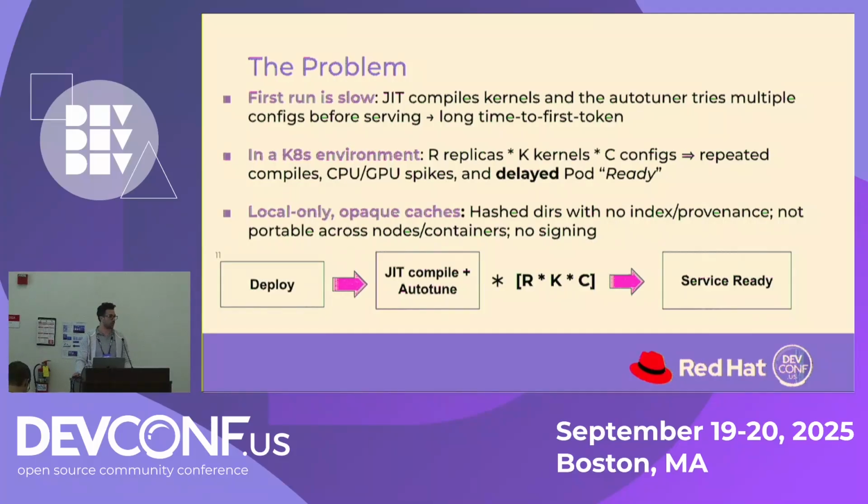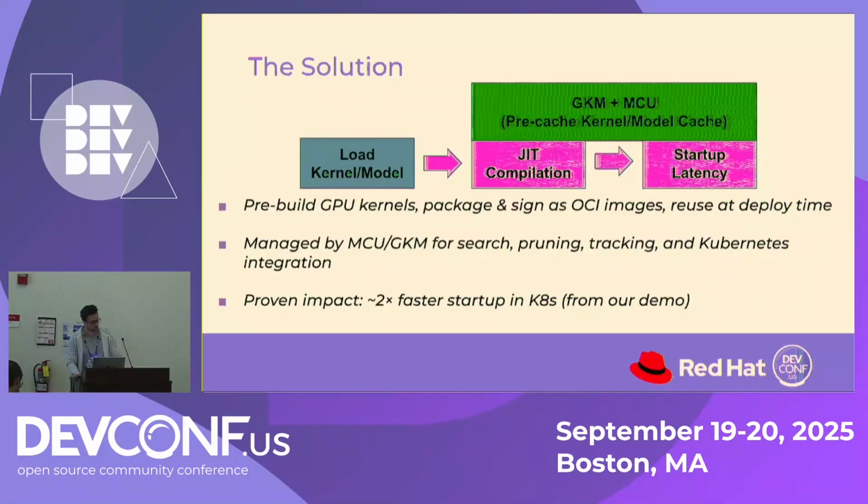Now let's focus on bare metal. The cache is local only and very opaque. I'm going to show you something later, but we have hundreds, if not thousands, of directories with no index, no provenance, not portable across nodes or containers, and no signing. The solution is to pre-build GPU kernels, package and sign them as OCI images, and reuse them at deploy time.